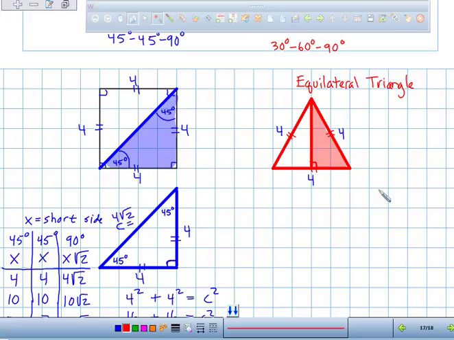So we have a 60, 60, 60. So I'm going to put 60 right here. I'm going to put 60 right here, but all the way across is a 60. So what has to go in that little tiny corner? So that right there. That's why I'm putting a little arrow. That's 30 degrees because I couldn't quite fit the 30 degrees in. Okay? So what happens when you take an equilateral triangle and you cut it down the middle? It becomes a 60, 30, 90, also known as a 30, 60, 90.